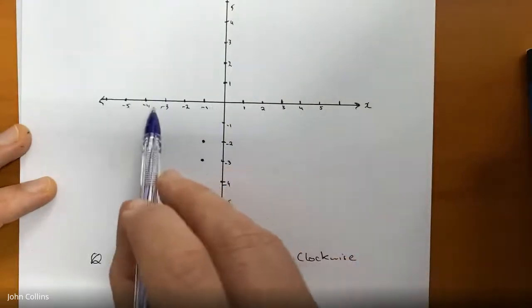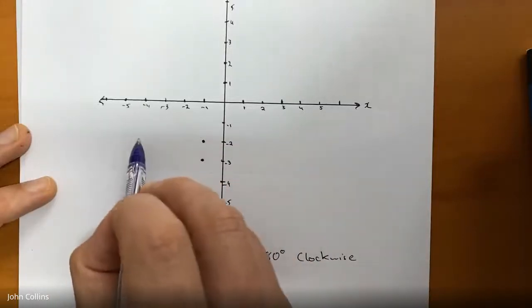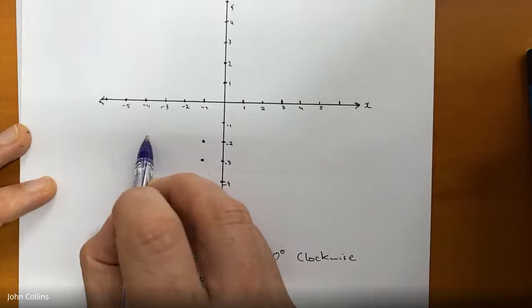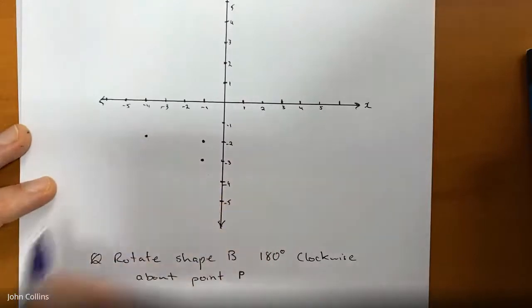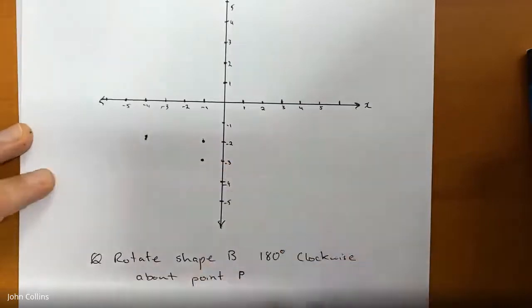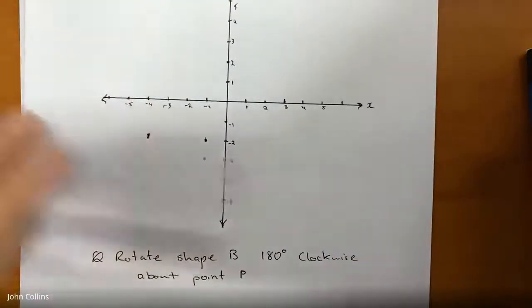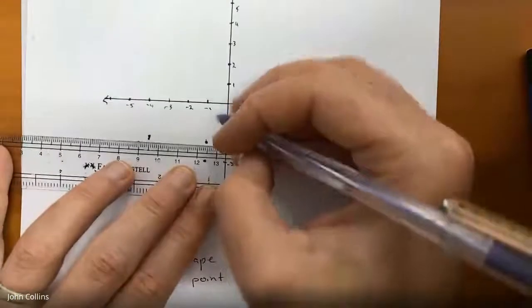I'm going to use -4, -2. Oops. Okay, try and do it better than I did. So there's our triangle. This is the base of it.